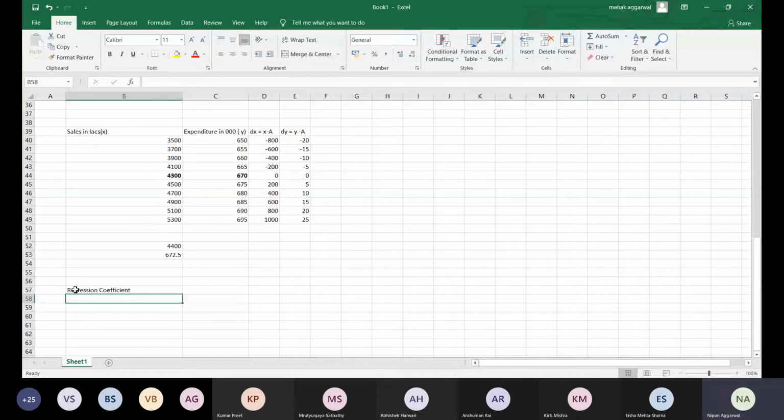But in regression, we will also tell for which variable the effect is what. So for example, in our above cases, sales and expenditure. What should be my cause and what should be my effect? If the company increases the expenditure on advertising, the company wants to analyze the effect of advertising expenditure on the sales.